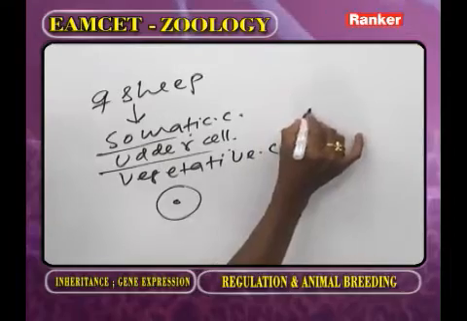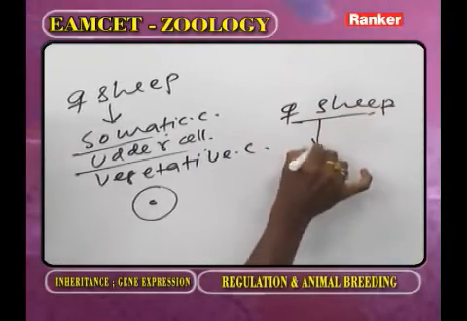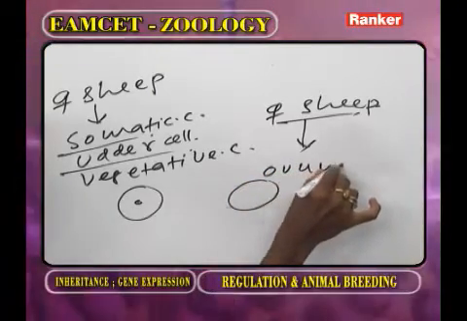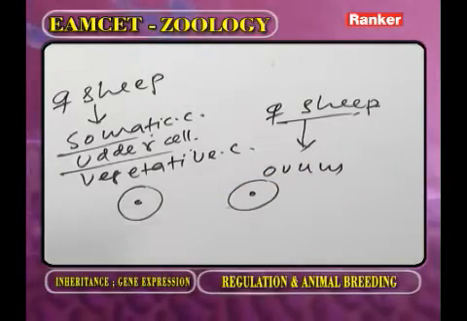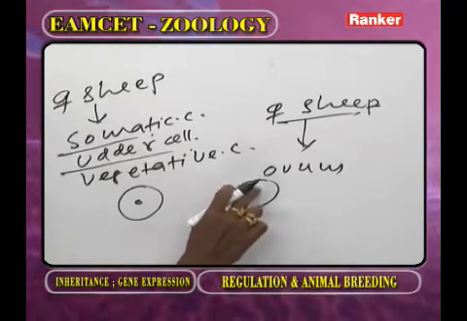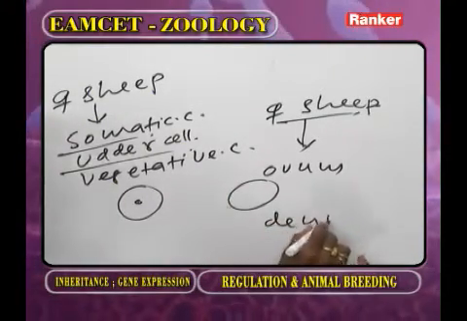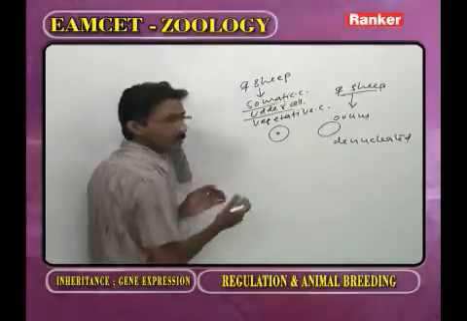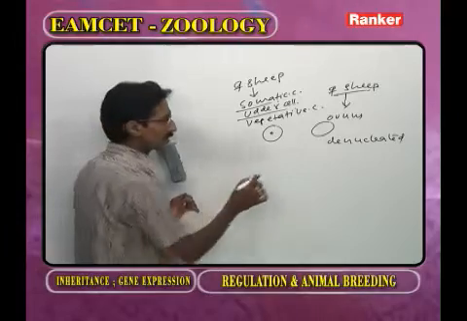Now he has taken another female sheep. From this female sheep, he has taken the ovum. Now in the ovum the nucleus is present. Now he removed the nucleus. It is called denucleated. Now in the ovum no nucleus, but in this vegetative cell the nucleus is present.